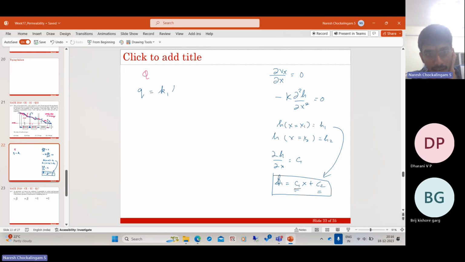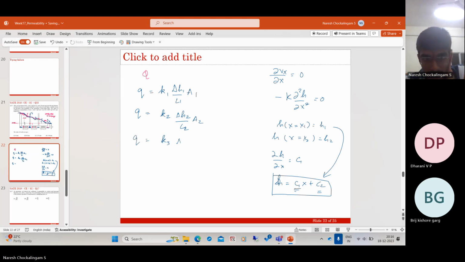What is I1? Delta H1 by L1 multiplied by the area of the flow A1. But Q is also equal to K2 delta H2 by L2 A2, right? And Q is also equal to K3 delta H3 by L3 A3.